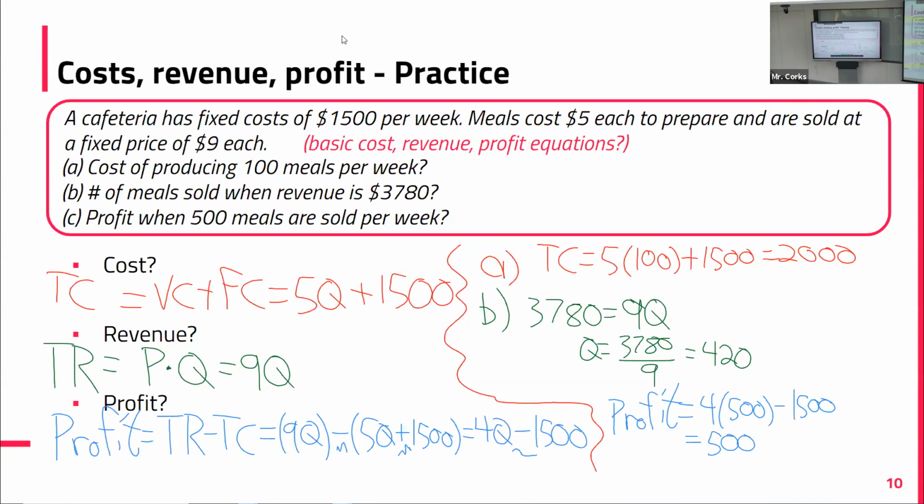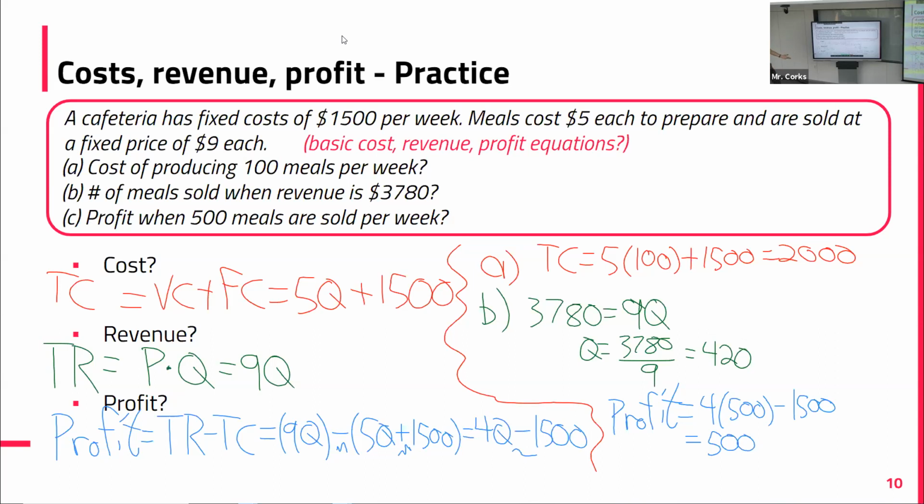All right, so that's just a basic way of creating these cost, revenue, profit equations, and then doing some work with these. So again, a company is going to think about this sort of analysis, like, well, if we sold this many, how much profit would we make? And then separately, they do some market analysis and say, okay, can we actually sell this much?